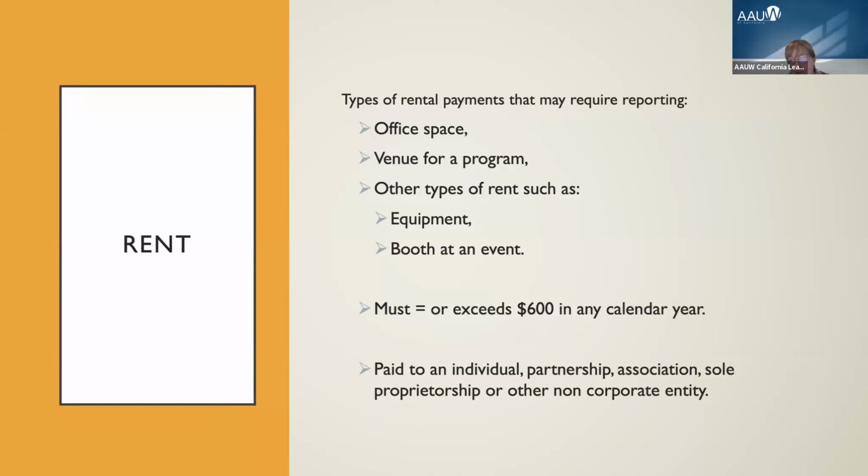Perhaps you're having a fundraising event and you have to pay for a booth at that event, or the venue for a program. Let's say you're renting space at a hotel. Now, if that's a corporation, you don't have to worry. If it's not, you would need to issue the 1099. Again, it must equal or exceed $600, and it's not a corporation.